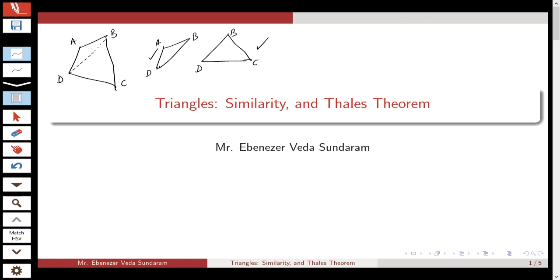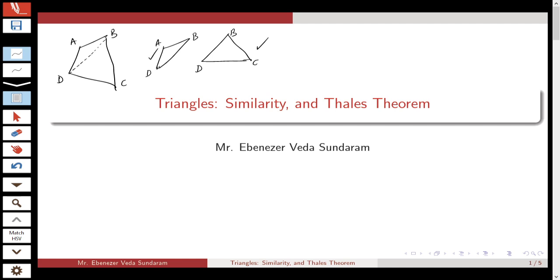Or let's say a pentagon or hexagon, or whatever n-gon you have, you can still reduce that n-gon to many triangles, and then study those triangles, maybe angles, sides, or whatever, and you will be able to know much more information about the n-gon which you have. So triangle is such a powerful polygon to study.